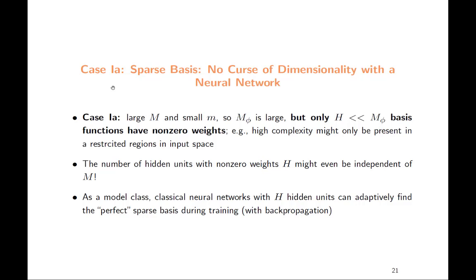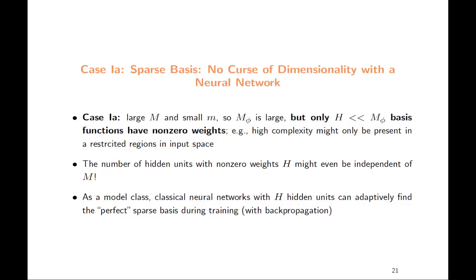So almost all M phi's drop out of the equation, which means that the high complexity might only be limited in a restricted region in input space, or might be restricted in some other way. Sometimes the number of basis functions with non-zero weights might even be independent of the number of input dimensions.